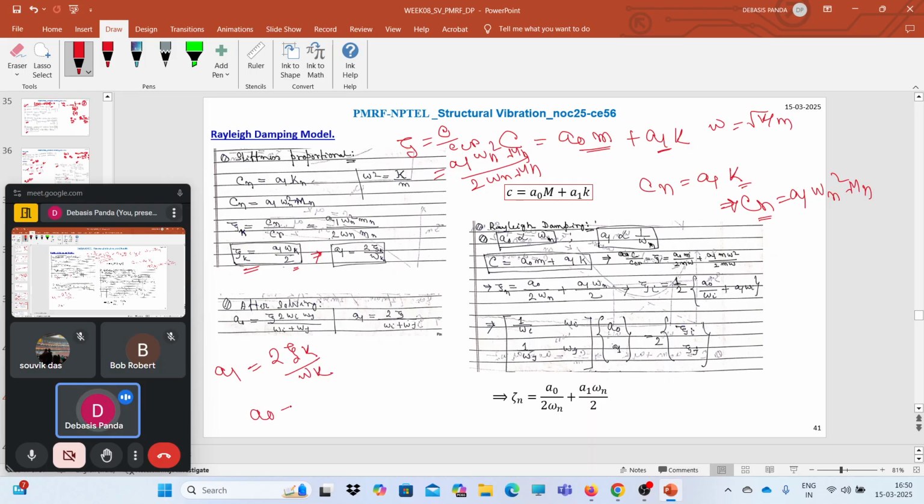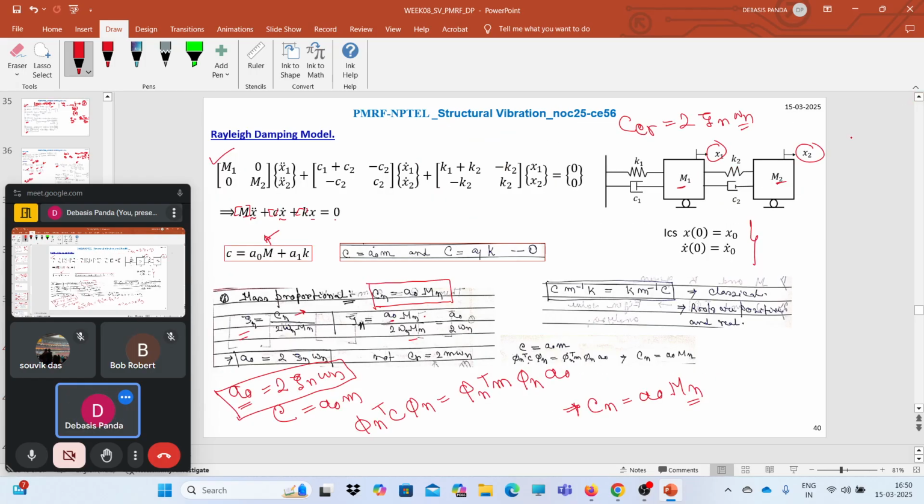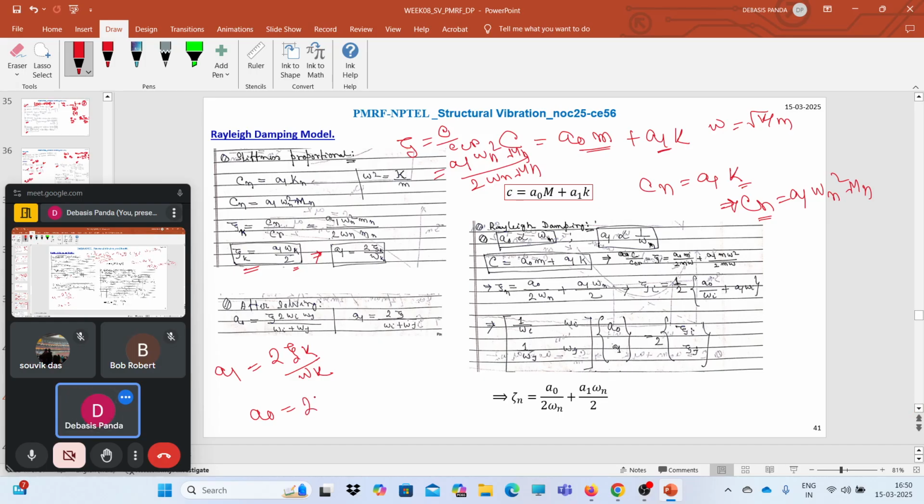We have the value a1 is equal to twice zeta n by omega n, and the value a0 is equal to twice zeta n omega n. So you can see that a0 is proportional to your omega n and a1 is proportional to 1 by omega n.